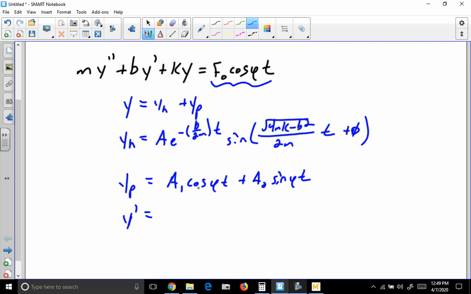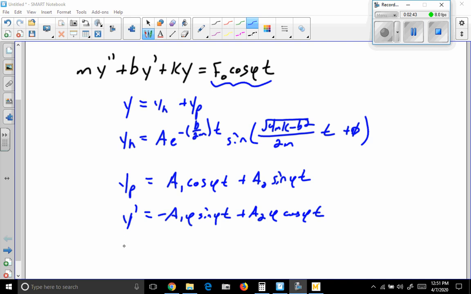The derivative of cosine is minus sine times the derivative of the inside, so we have minus A1 gamma sine gamma t. The derivative of sine is positive cosine times the derivative of the inside, so we'll have A2 times gamma cosine gamma t.